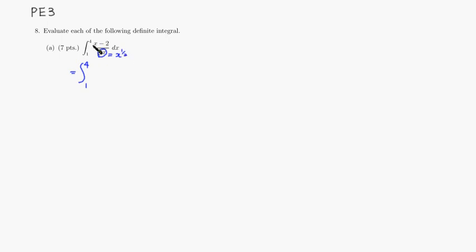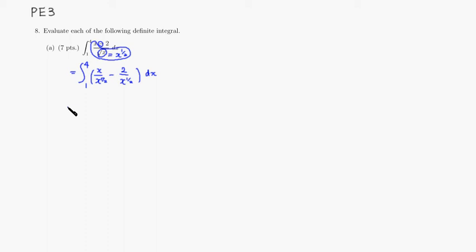So the first part is x divided by x to the 1/2 power, then there's a minus sign, then you have 2 divided by x to the 1/2 power. So we're just splitting the fraction into two fractions with respect to x.